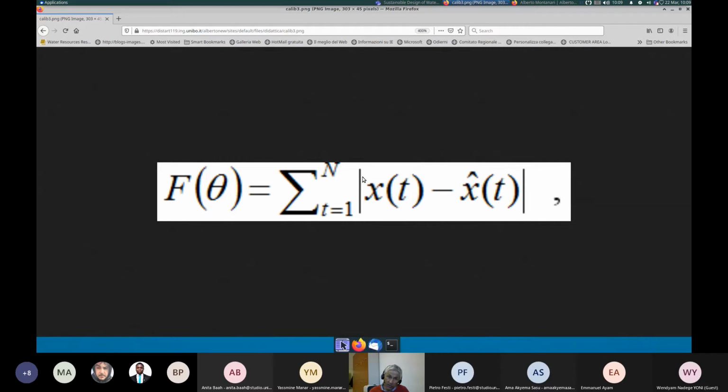Because if you simulate a value of 1000, whatever the unit is, and your simulated value is 900, the error is only 10%, which is fine. It's a good approximation in hydrology. But the squared error is 100 squared, which means 10,000.